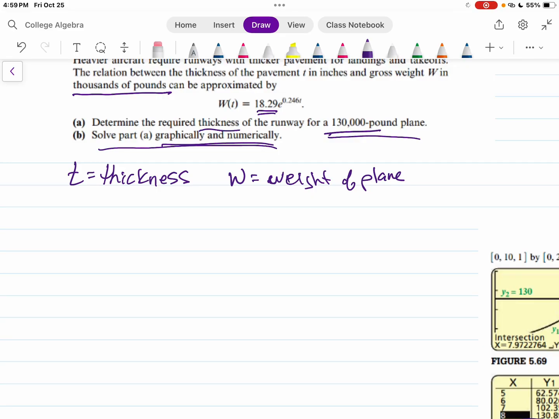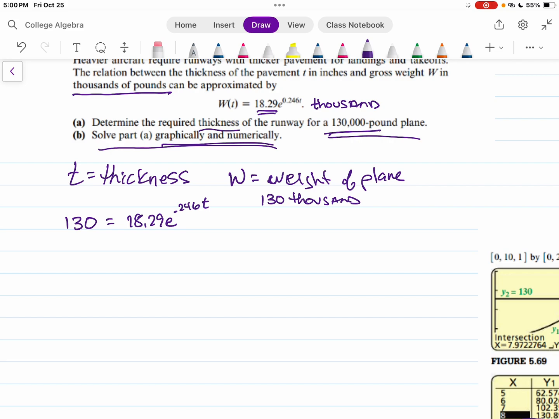So as we go to set this up, we're really going to put 130 here, and say it's 130,000, because technically their equation is in thousands. So once we put T in there, we get an answer in thousands, so we put 3 zeros on it. So that is equal to 18.29 e to the 0.246 t.